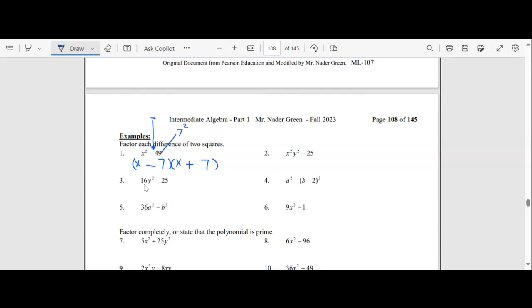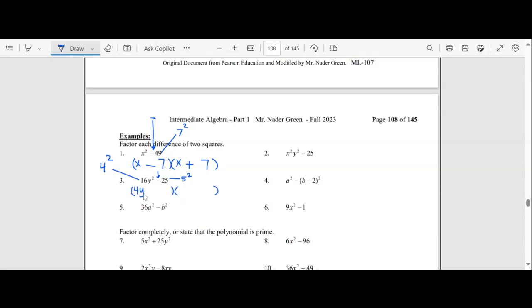Same thing for this one. 16 is 4 squared. And 25, what is 25? It's 5 squared. So do you have a negative in the middle? Yes. So we can do difference of squares.